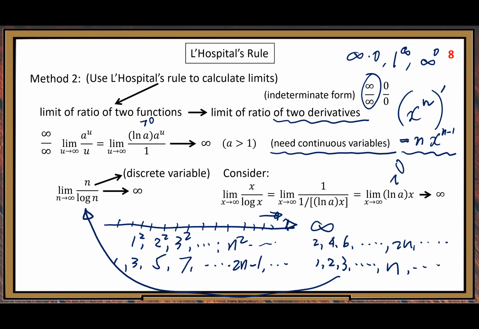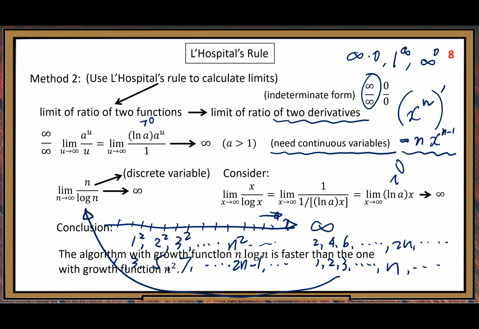Even if this number is very small, like 0.0001, this x could be very large. All right, so we complete our part B.